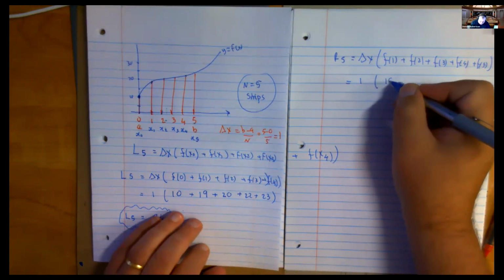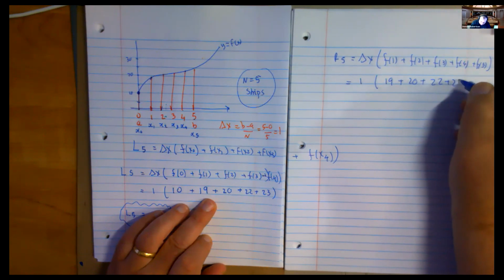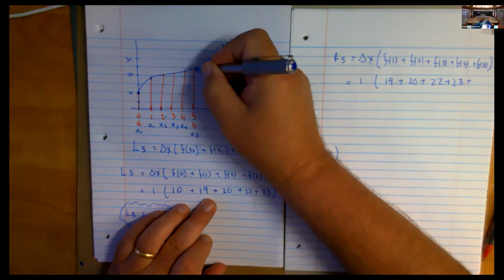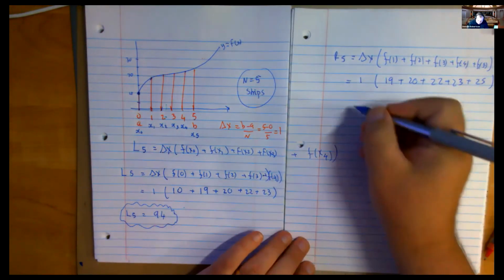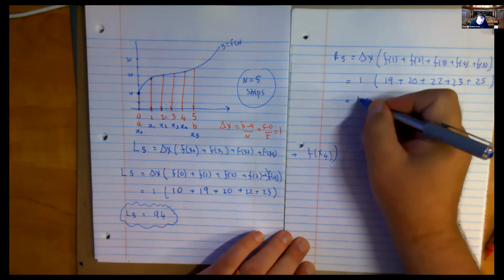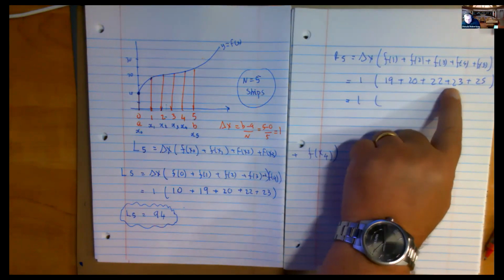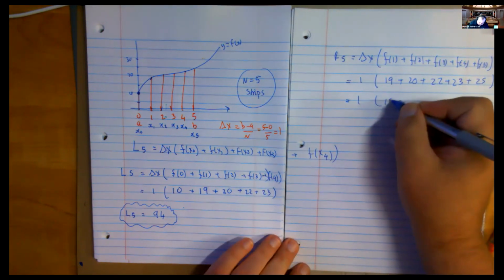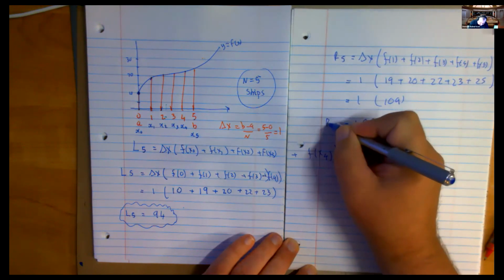So what's that? 19, add 20, add 22, add 23, and the last one, I'm going to call it 25. And that's going to be 1 times 39, 49, 59, 61, 71, 81, 84, 104, 109. And that's going to be 109.